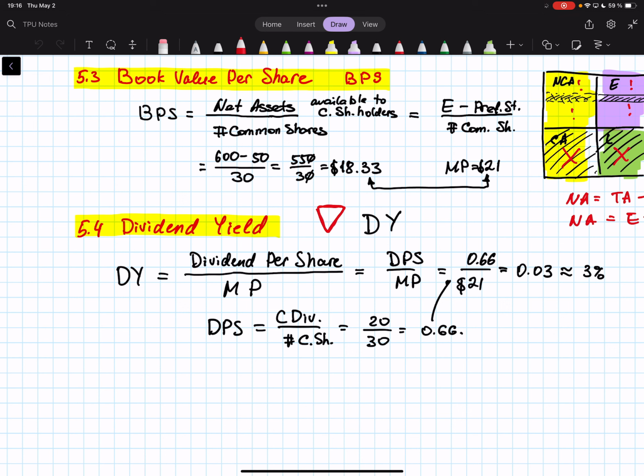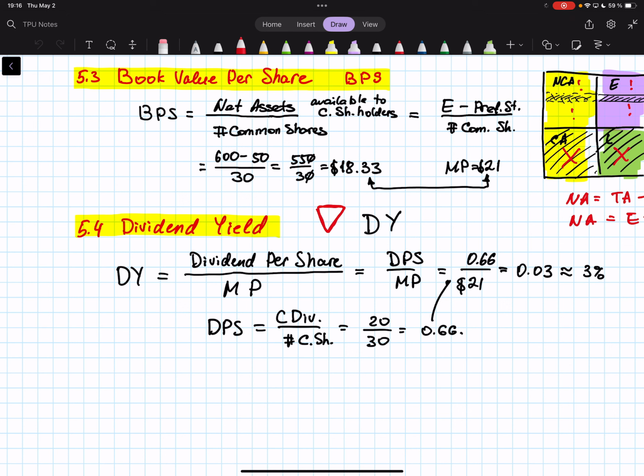But we talked about that we need to calculate the DPS. The DPS was not known. So in order to calculate the dividend per share, we should take all the dividends and divide it by the number of shares. We looked that the common dividends were 20 from the financial statement, and the number of shares is 30.